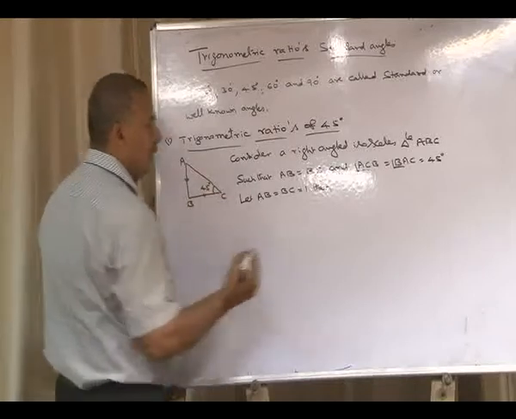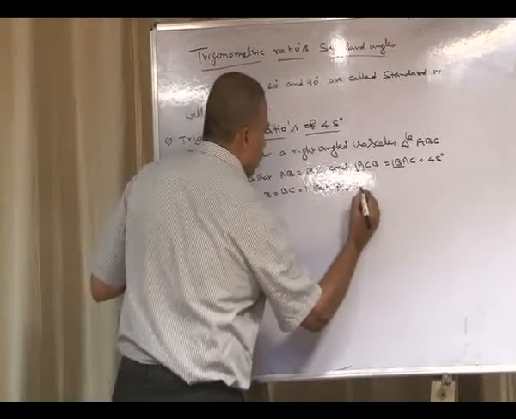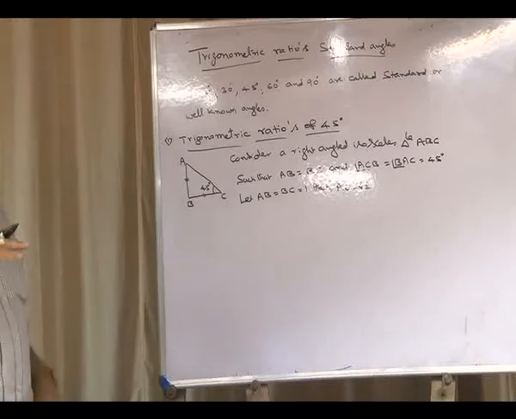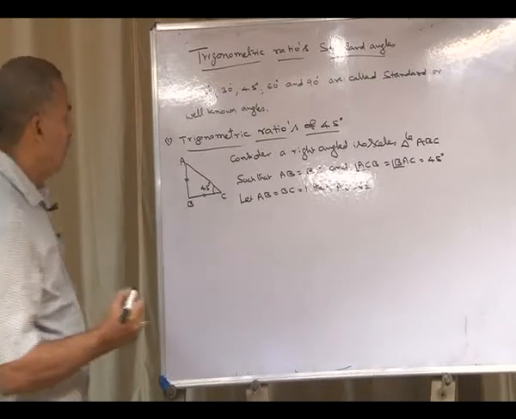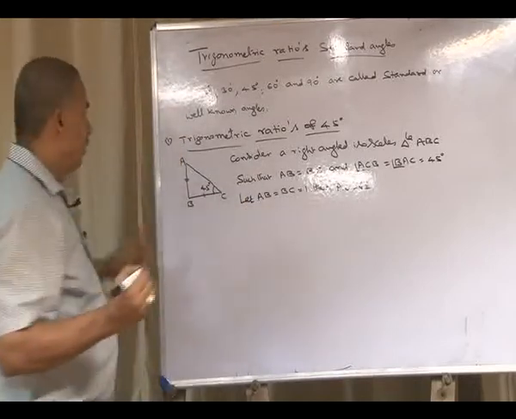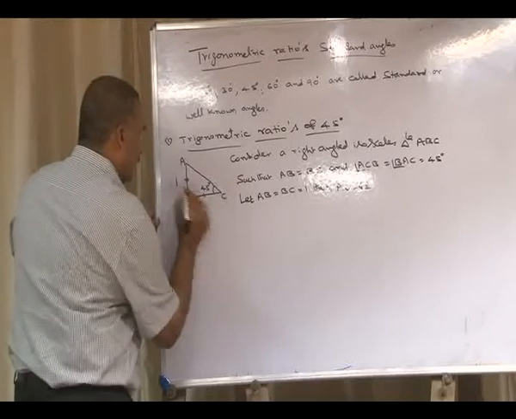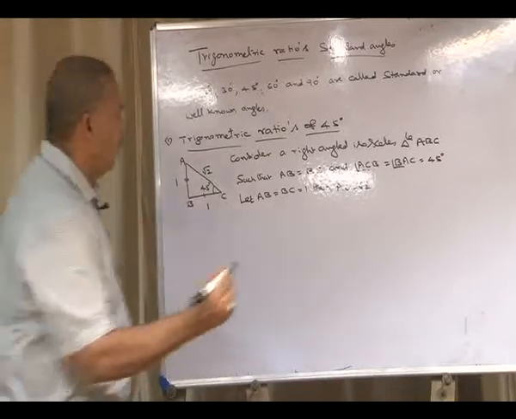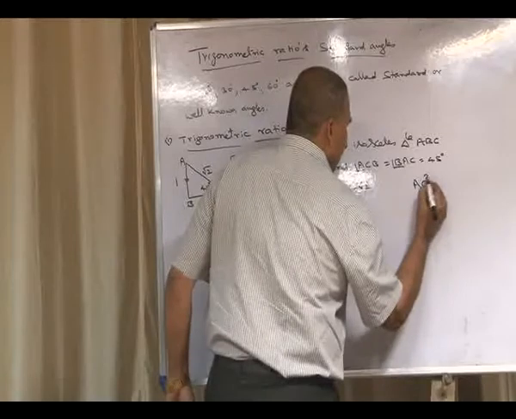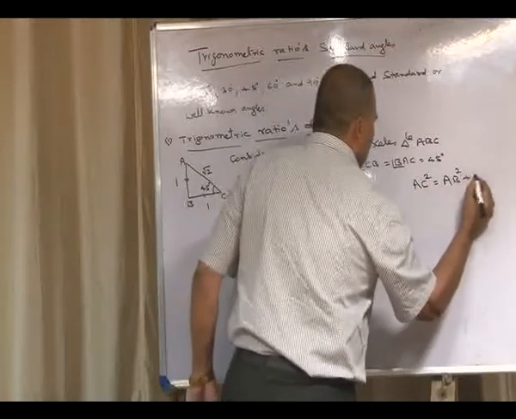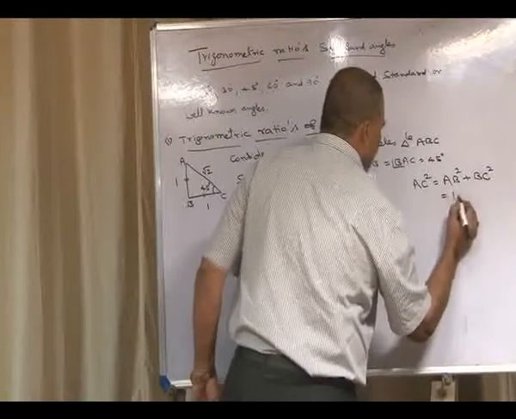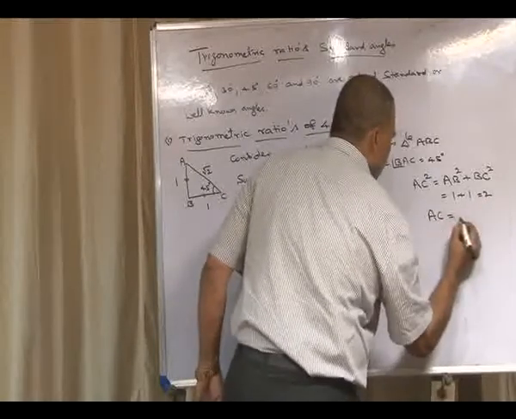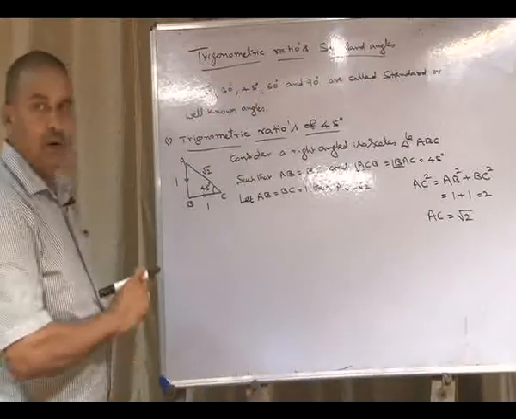From Pythagoras theorem, AC square is equal to AB square plus BC square, that is equal to 1 square is 1 plus 1 equal to 2. AC is equal to square root of 2.